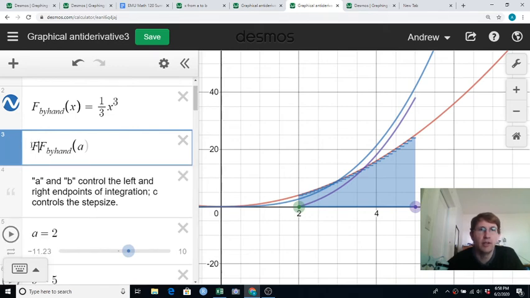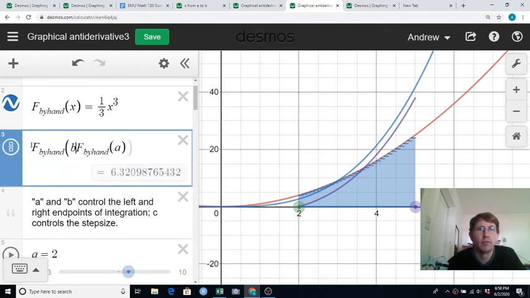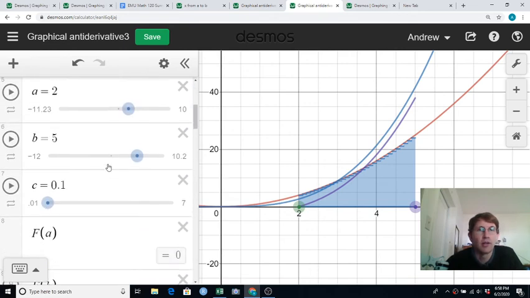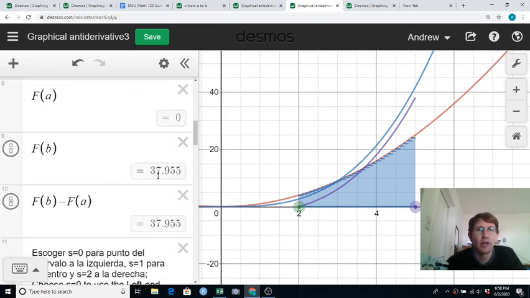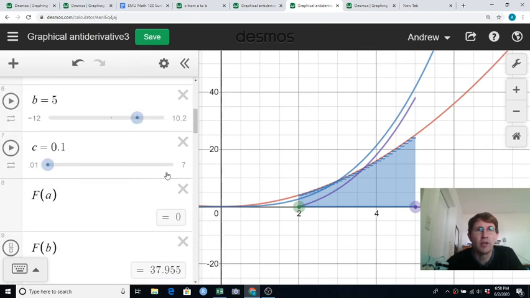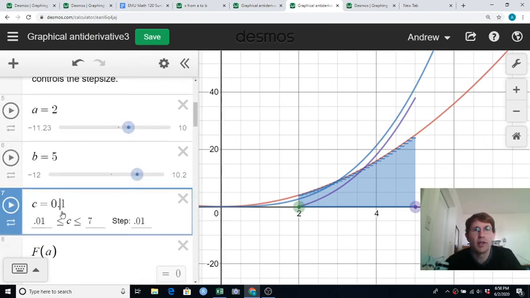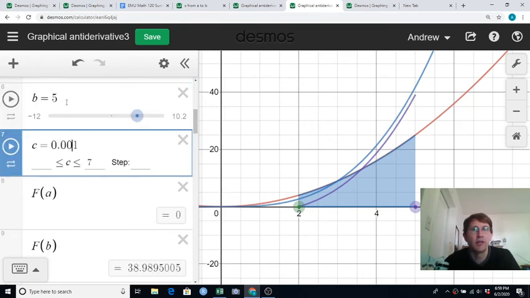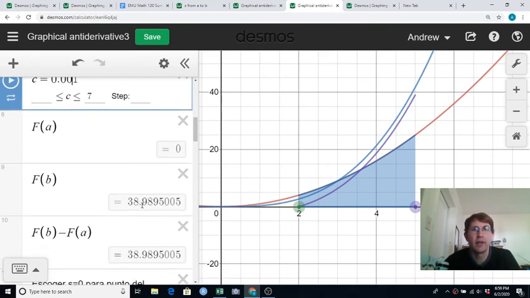So the answer we're getting here is 37.95. We could use smaller steps. And now we're getting 38.89. If I use even smaller steps, I get 38.98, so it's sneaking up on 39.